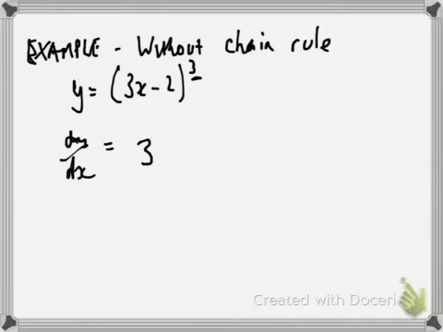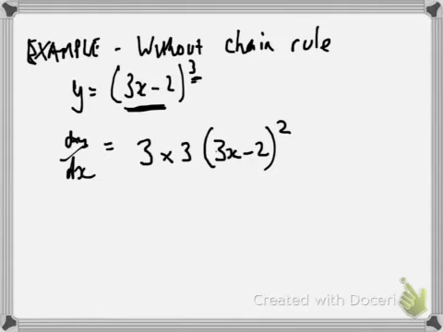So we get 3. Then we multiply it by the derivative of the bracket. Now the derivative of the bracket is 3. Then we multiply by the bracket as it stands, reduced by a power.